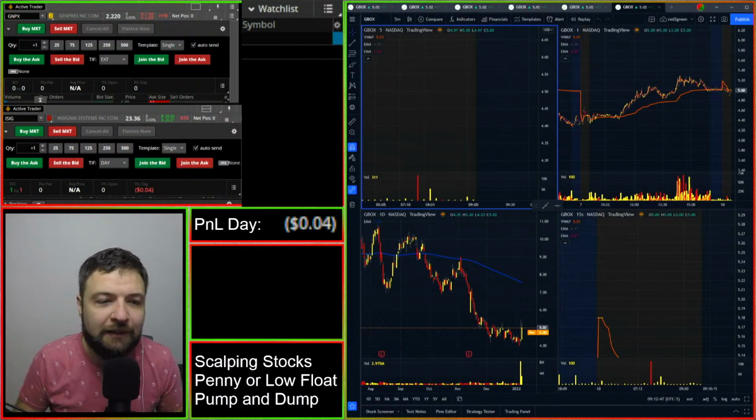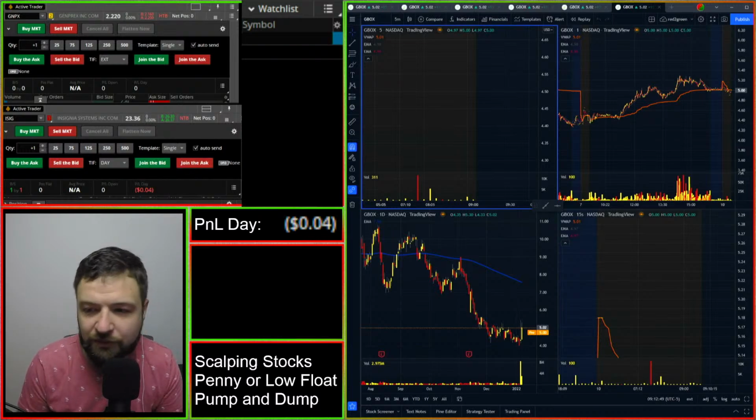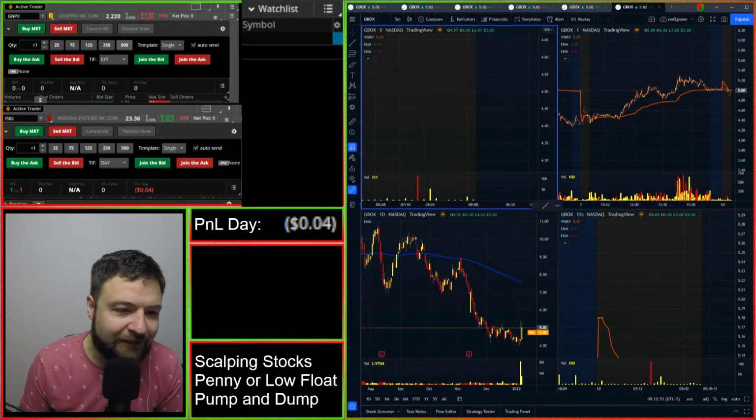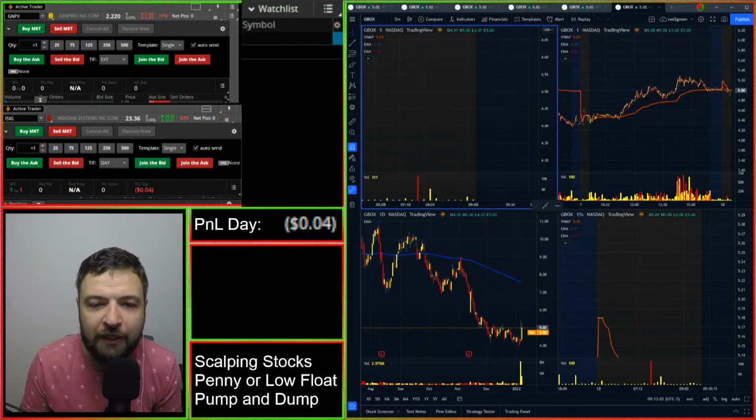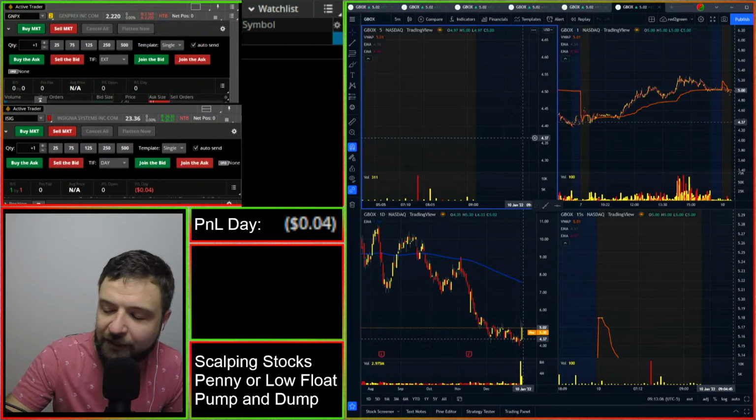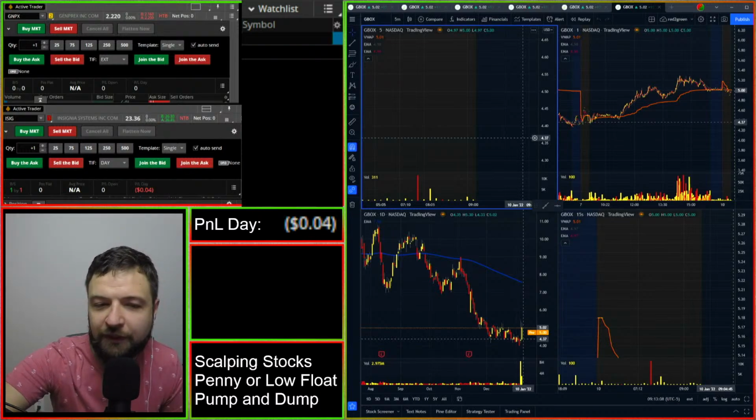You can see what's going on, so you don't really need the high res. You see my active trader, thinkorswim execution blocks, the little two windows, right? You see my watch list, you see the charts. How much of the quality do you need to see?